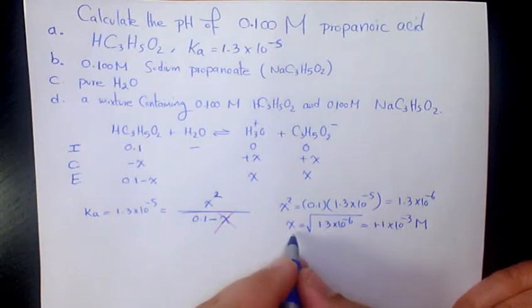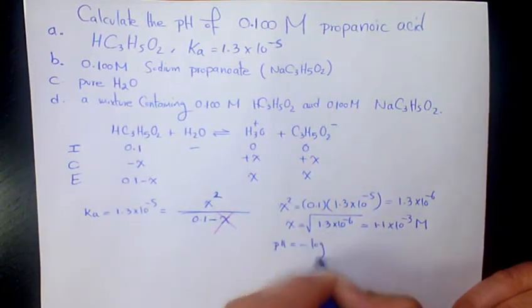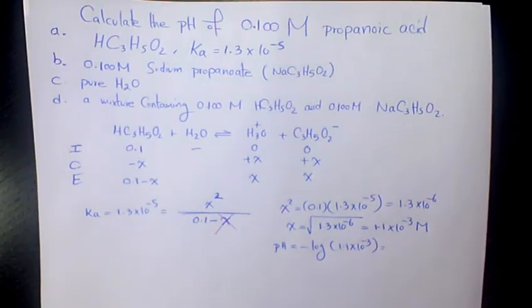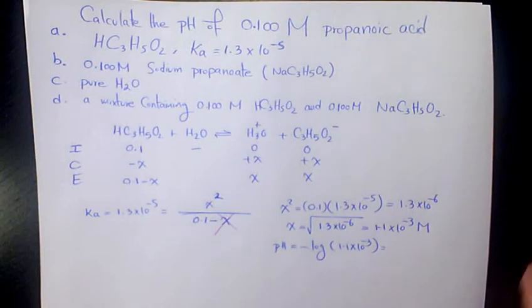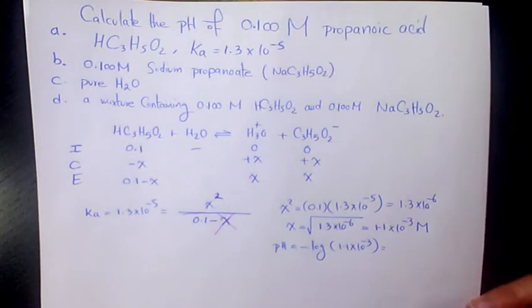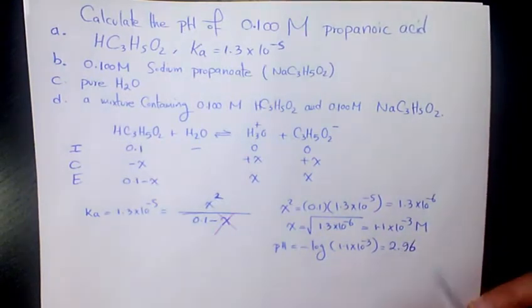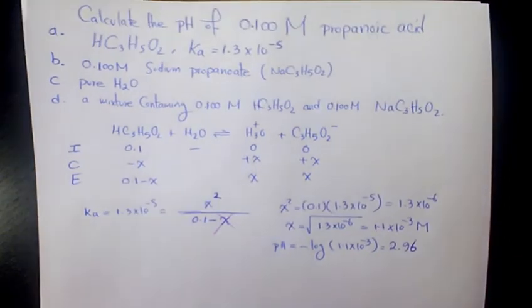So that's the concentration of hydrogen. So pH will be negative log 1.1 times 10 to the power of negative 3, that will be 2.96. That's the pH of the acid.